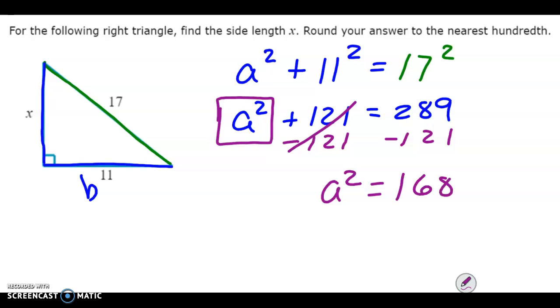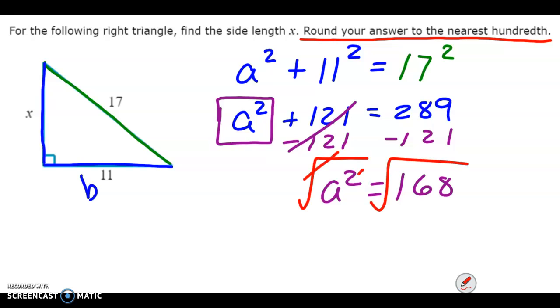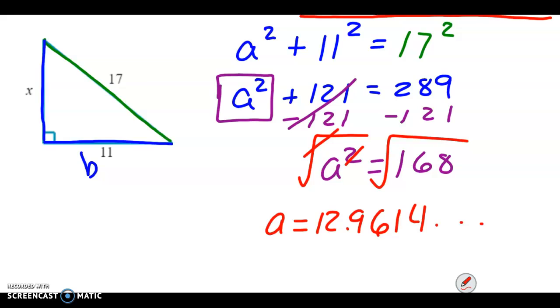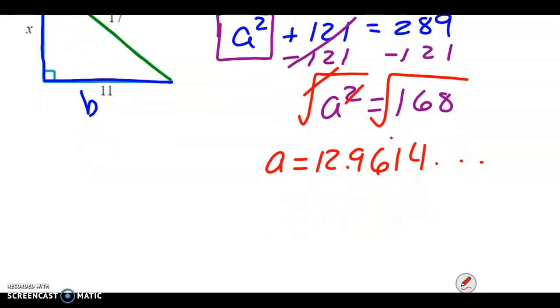Then when I take the square root of that, they want you to round your answer to the nearest hundredth, which is the second decimal place. We end up with a long decimal of 12.9614, and so on. Rounded to the nearest hundredth, you're going to get 12.96. It does not have to round up because the 1 is in the thousandth place.